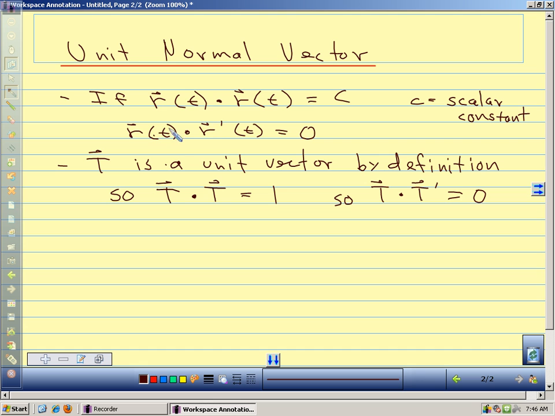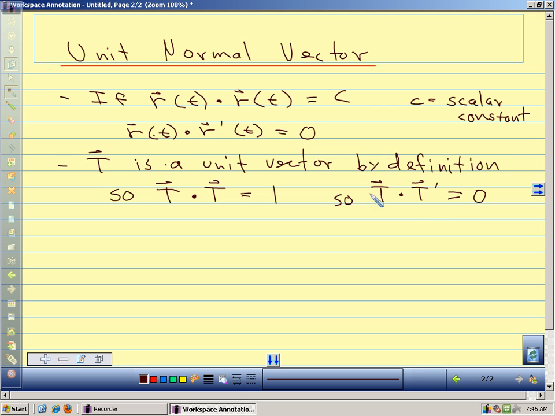And the proof of this property is pretty straightforward. If you're interested, I can show it to you. It's an easy proof using the dot product. But by this property, T dot T prime is going to be 0.